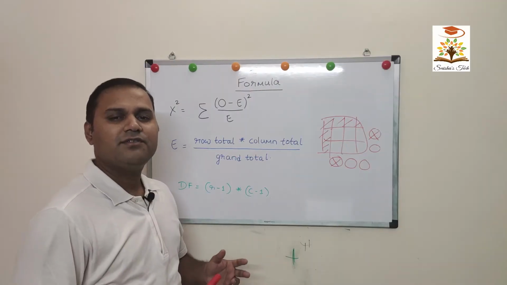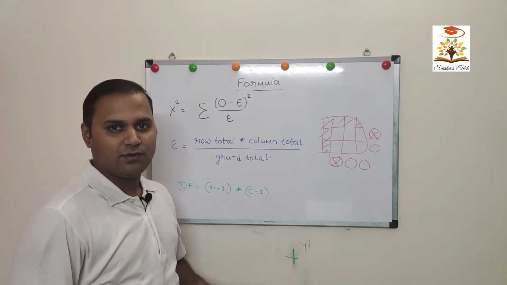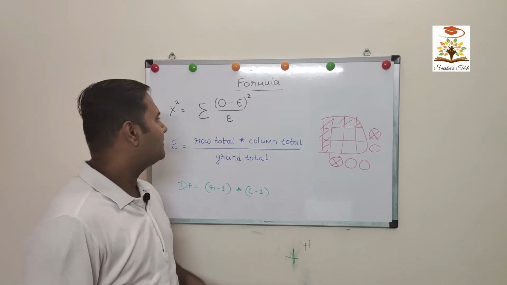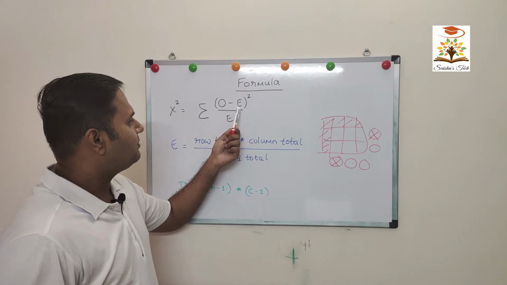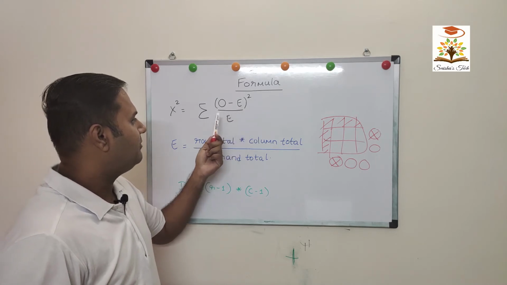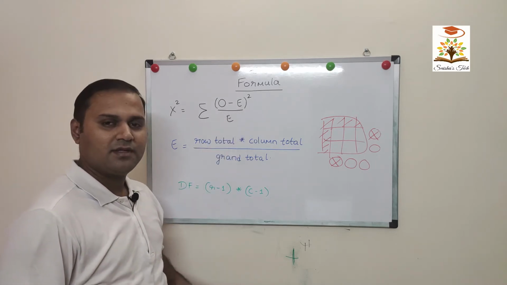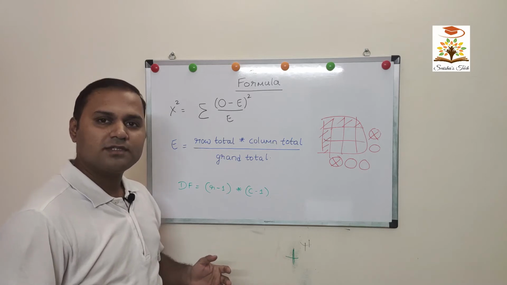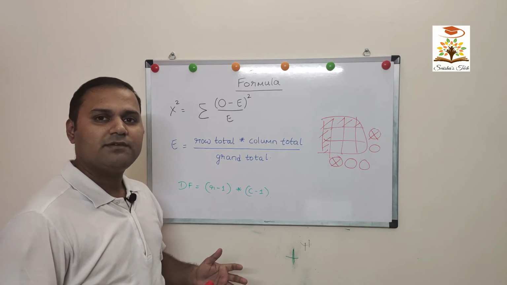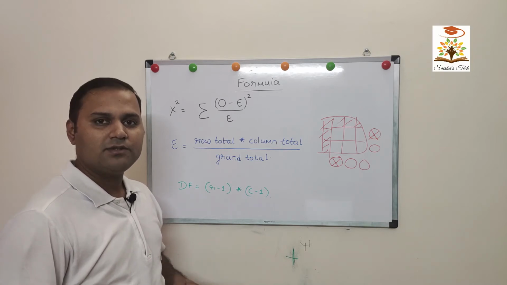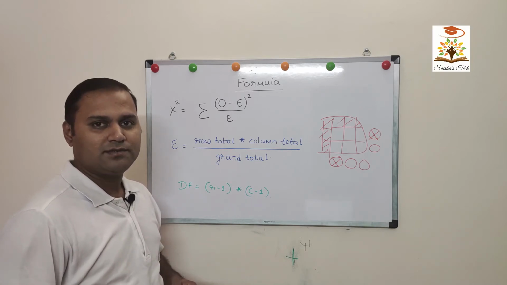In the last video, we understood the chi-square test statistic formula, which is the summation of observed minus expected, the whole square, divided by expected value. Now, if we do not possess the expected values, here expected values means the theoretical or the required values, then we calculate them using the observational values.